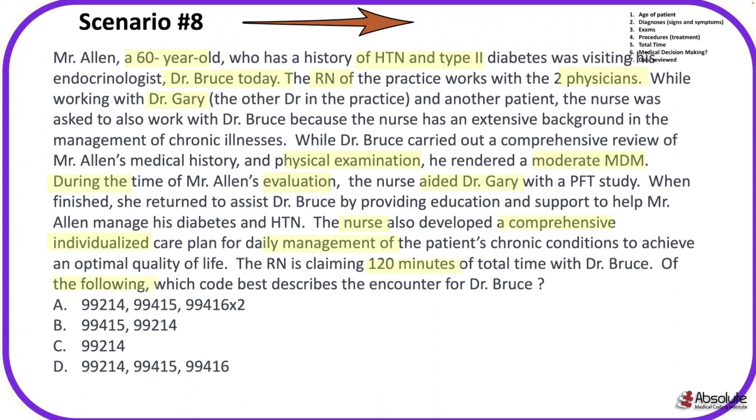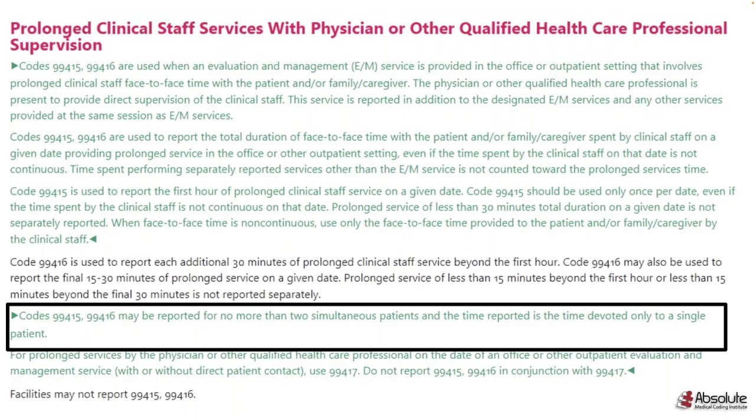There's a couple of things going on. Can she work with these two doctors simultaneously? Well, in the guidelines, it says codes 99415, 99416 may be reported for no more than two simultaneous patients, and the time reported is the time devoted only to a single patient.